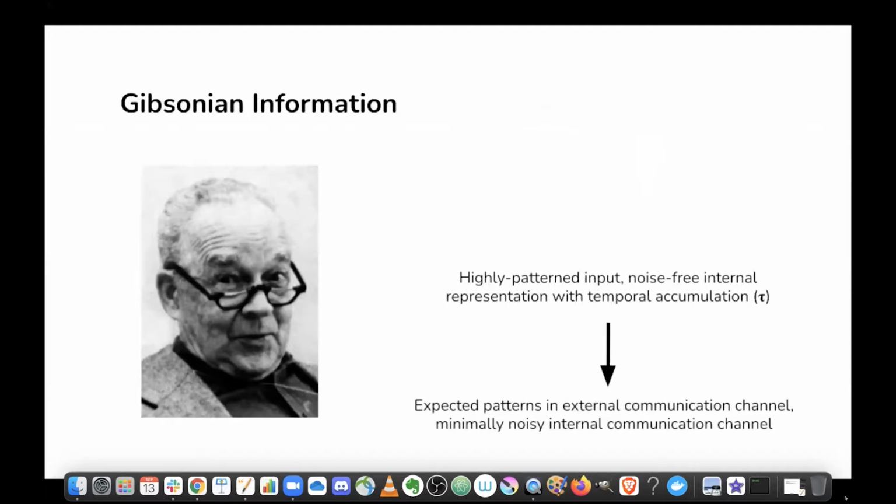When I say noise-free, I'm being optimistic. There can be some noise within that representation, but generally that transformation will override the noise of the channel. That leads us to expected patterns in the external communication channel and a minimally noisy internal communication channel. So this gives us these two different external and internal systems.